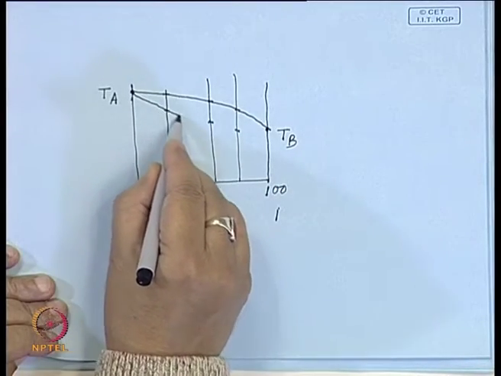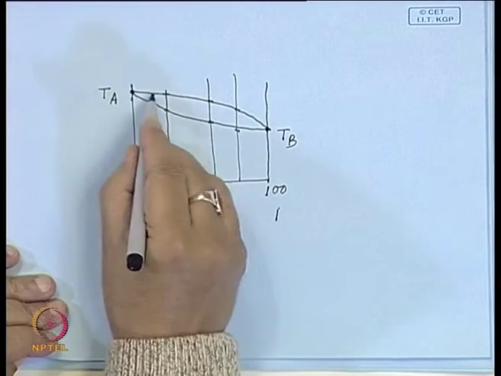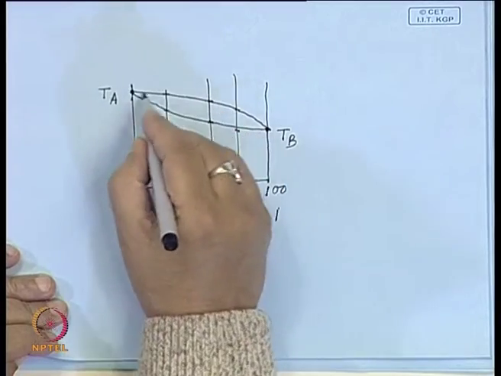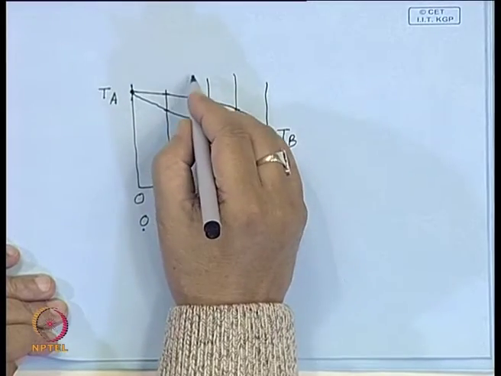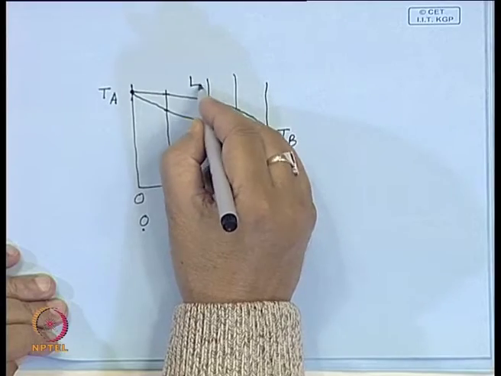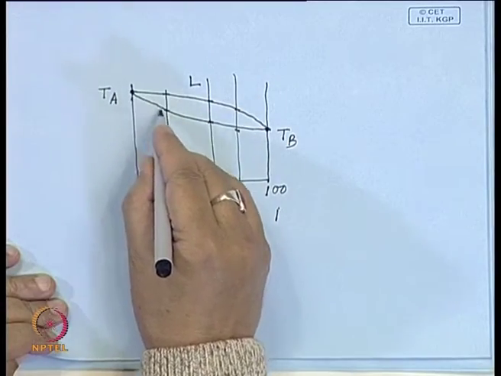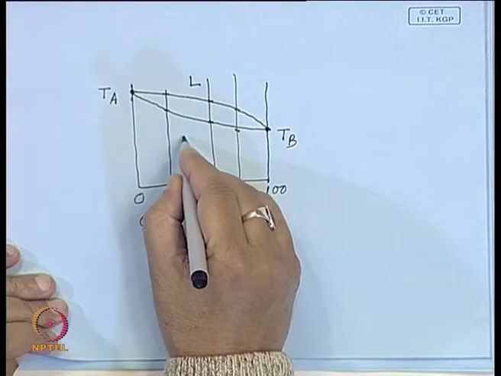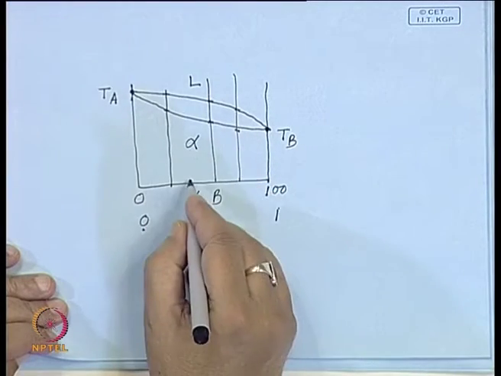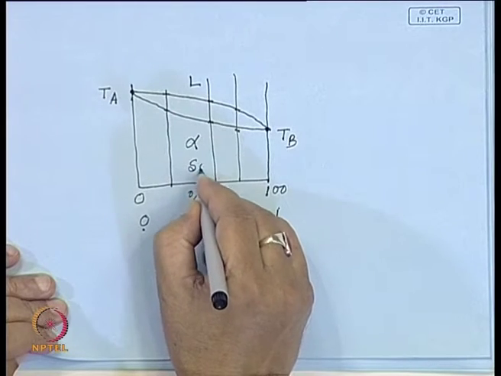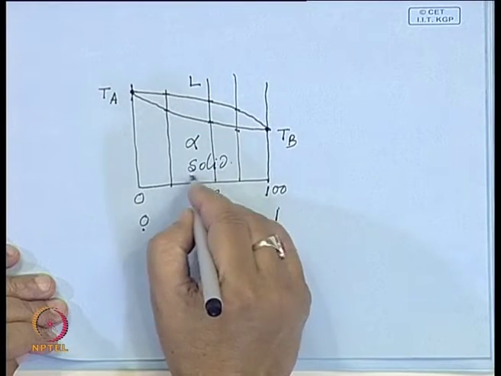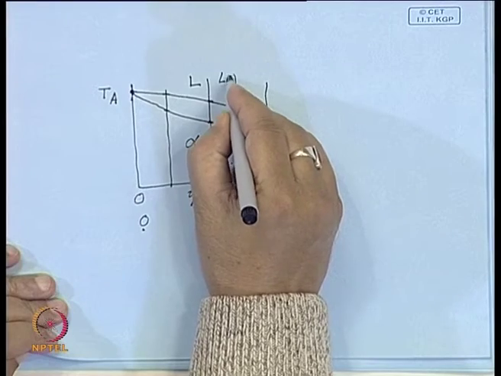And then if you join these points, you get a diagram which says that above this temperature the material is entirely in liquid state, and below the T S temperature it exists in solid state. So, here it is solid and here it is liquid.